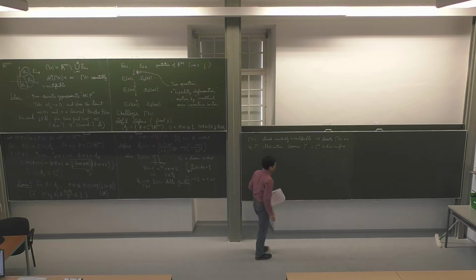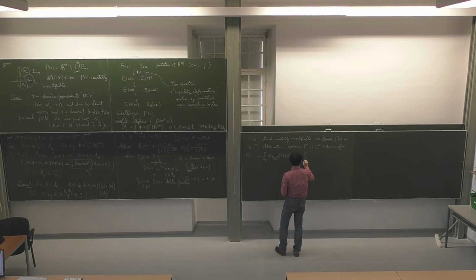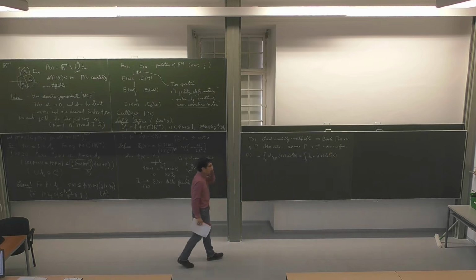Then recall that in this case we have this formula, which I number 4: the integral of the divergence of G over gamma, div_Γ G(x) dH^n(x), is equal to the integral of H_Γ · G(x) dH^n(x).